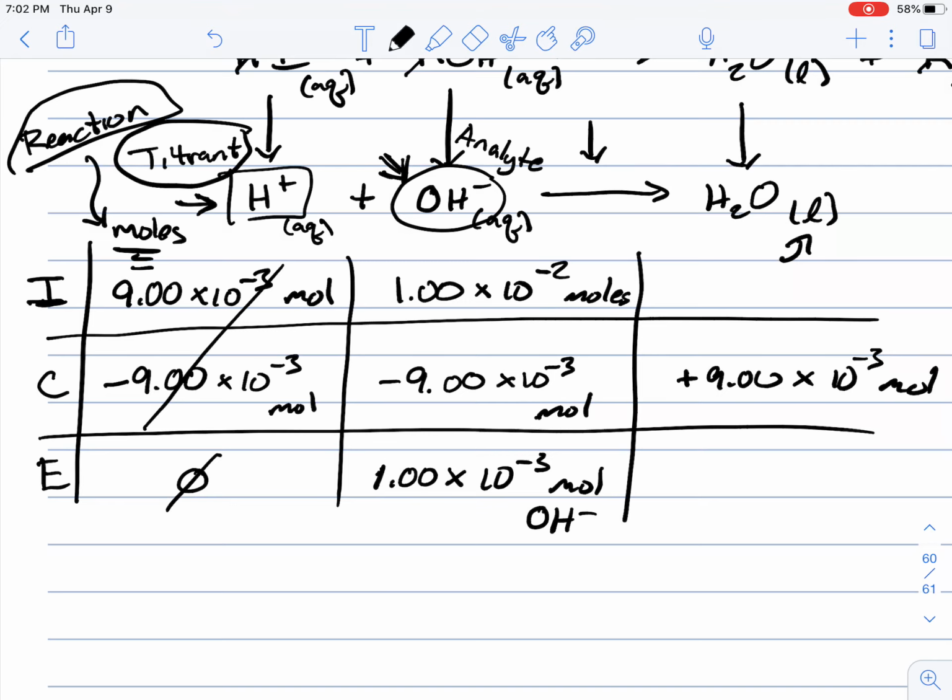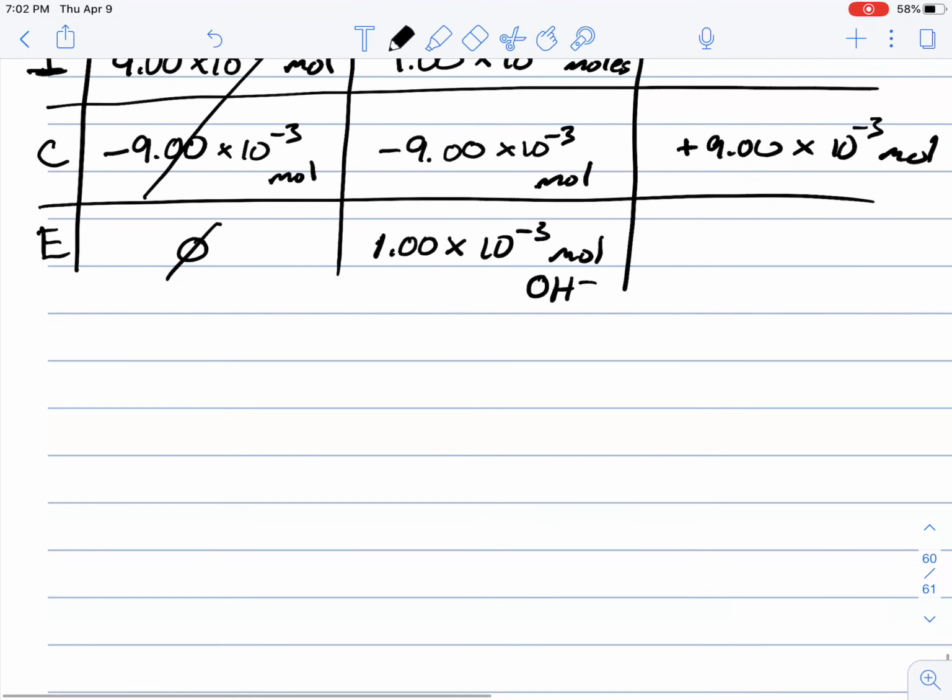Since it looks like we don't have an equilibrium concentration of hydrogen ions, what we do have is the equilibrium concentration of hydroxide ions. Either one of these will give us the pH.